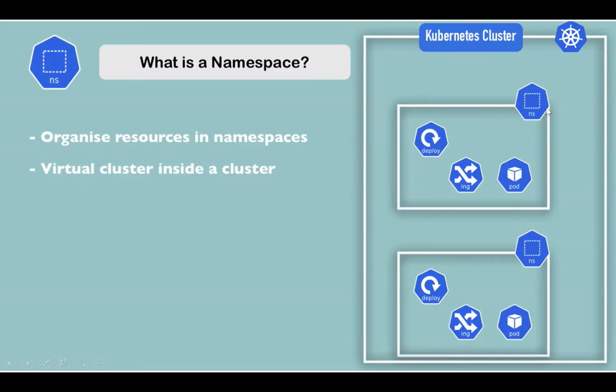So if I want to see only things related to my database, I'll just go to this namespace. If I want to see only things related to the backend, I'll go to that namespace. This is how we organize things in namespaces.